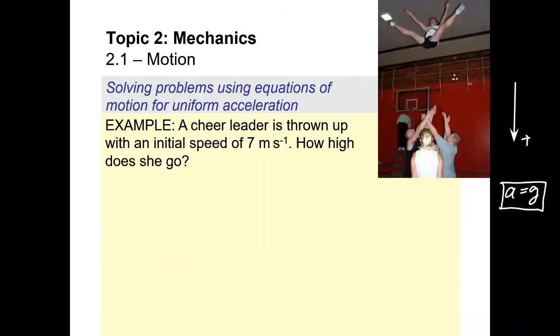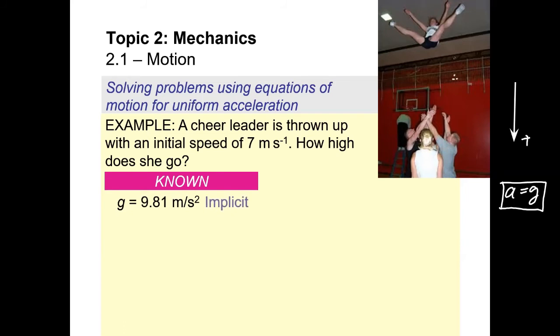A cheerleader is thrown up with an initial speed of 7 meters per second. How high does she go? We choose downward as the positive reference, so acceleration is the acceleration due to gravity, g, which is in the downward direction, and that's 9.81 meters per second squared, implicit. Initial velocity is minus 7 meters per second because the cheerleader is thrown up, against our positive reference, which is the downward direction.